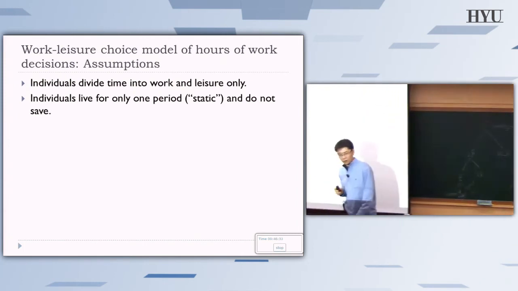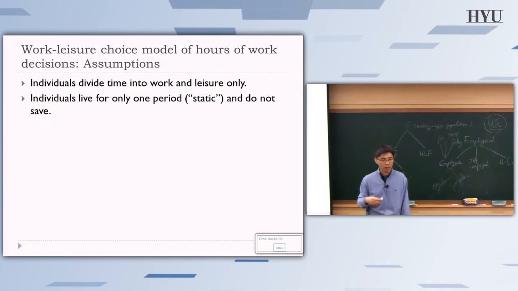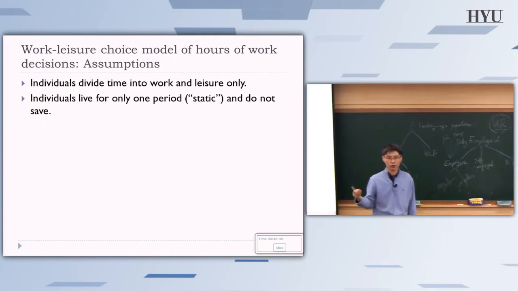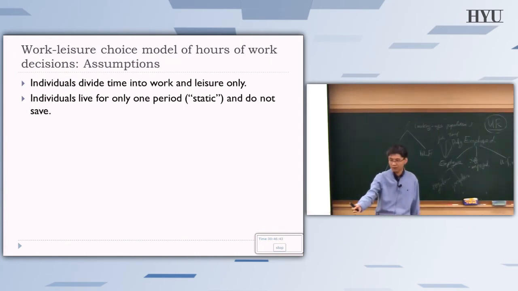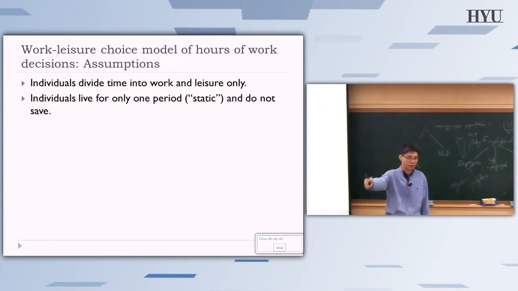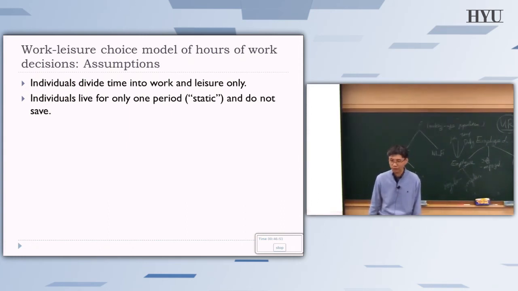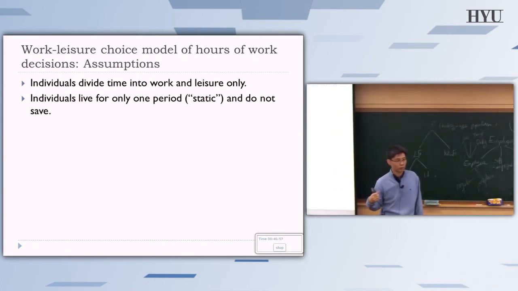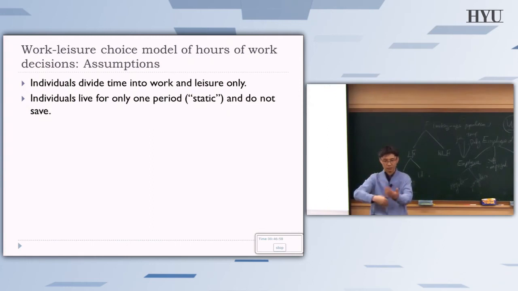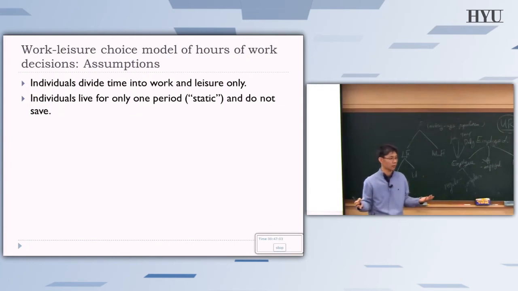Here individuals live for only one period. We're making it really simple, so we don't have a future. This person has no future, no child, so nothing to leave. Spend everything, do not save. We can actually change this assumption to make this person work for many periods, not only one, let's say three periods, even 60 periods, 60 years.